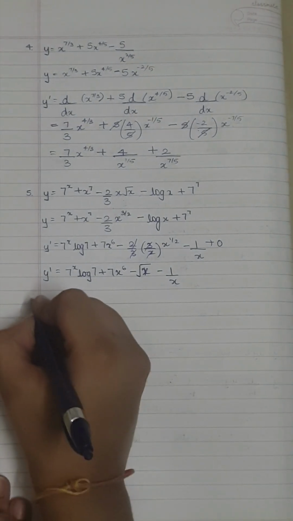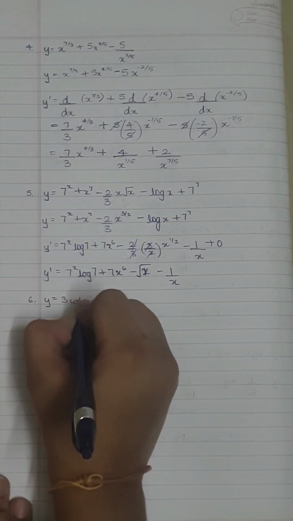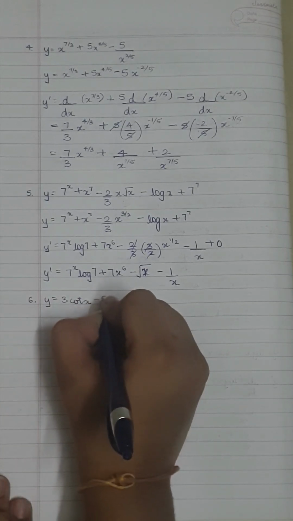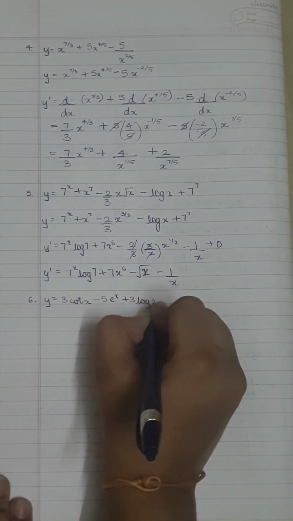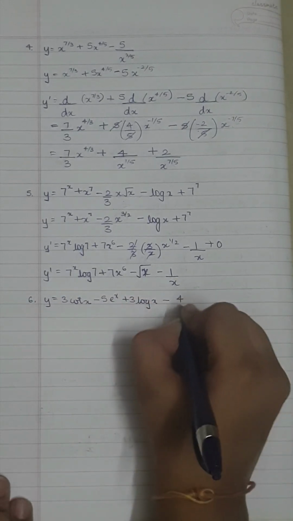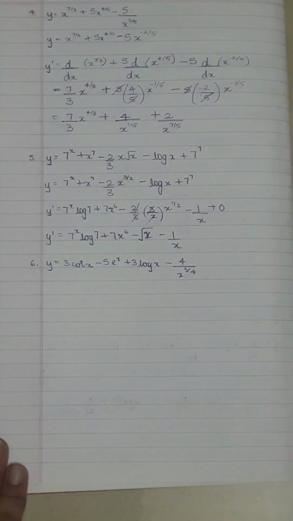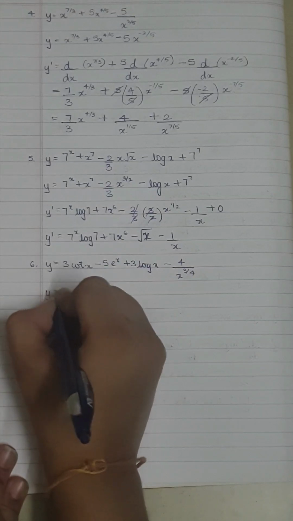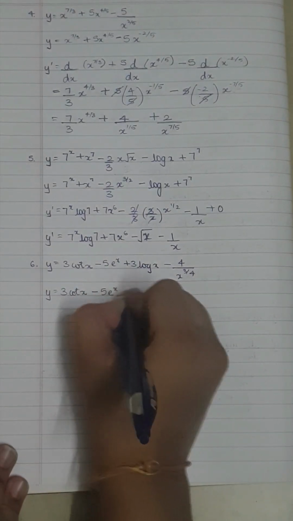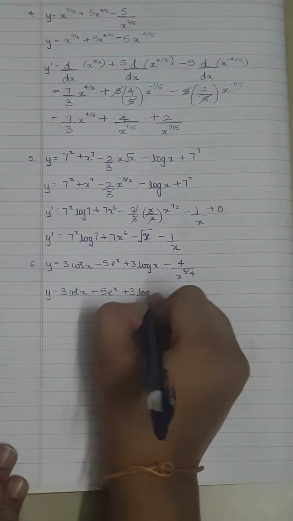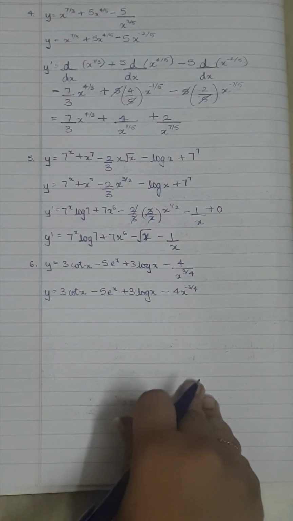Moving on to question 6, which is y equals 3 cot x minus 5 e to the power x plus 3 log x minus 4 upon x to the power 3 by 4. Now let us simplify this just like we simplified question 5. Y equals 3 cot x minus 5 e to the power x plus 3 log x minus 4 x to the power minus 3 by 4.